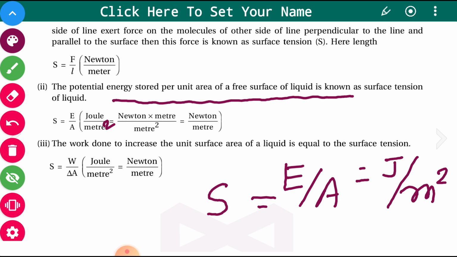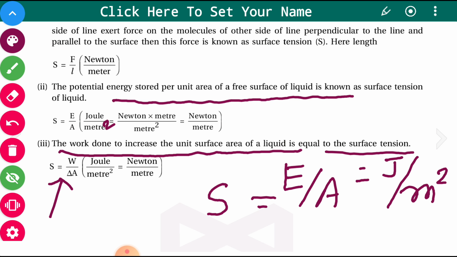Or a third way: the work done to increase the unit surface area of the liquid is equal to the surface tension. So work done per unit increase in area is also defined as the surface tension. So there are three different ways by which you can define the surface tension.